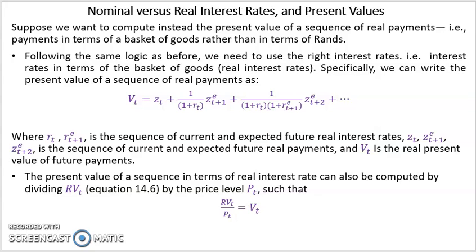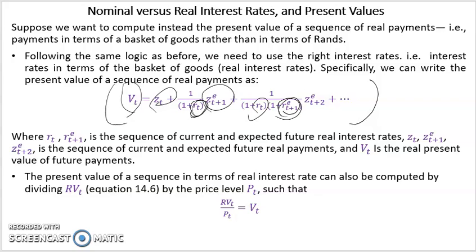Specifically, we can write the present value of the sequence of payment as follows, which is the same as before, but now using the real interest rate and the expected real interest rate. In this equation, r_t and r expected t plus 1 are the sequence of current and expected future interest rates. And z_t and the expected z's are the sequence of current and expected future payments. V_t here represents the real value of future payments.